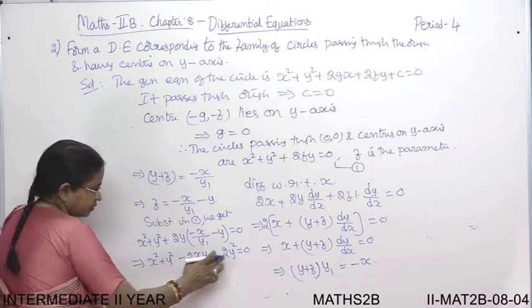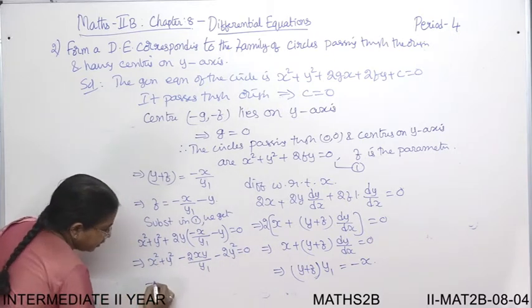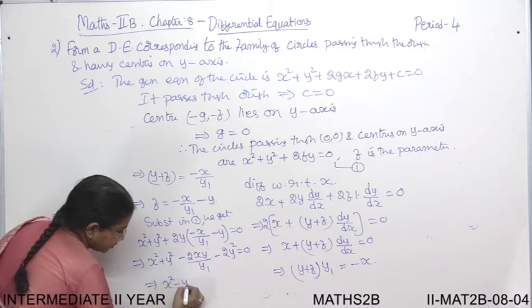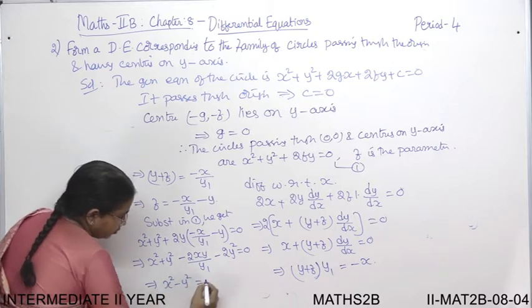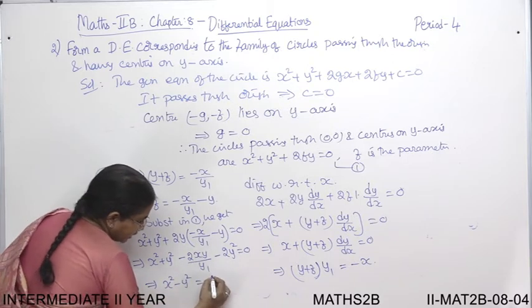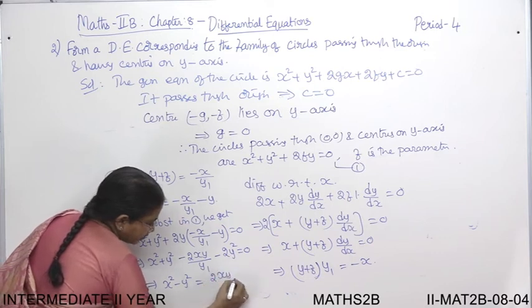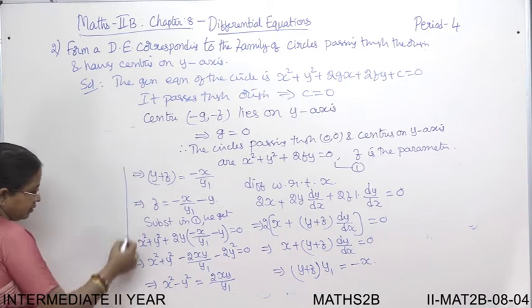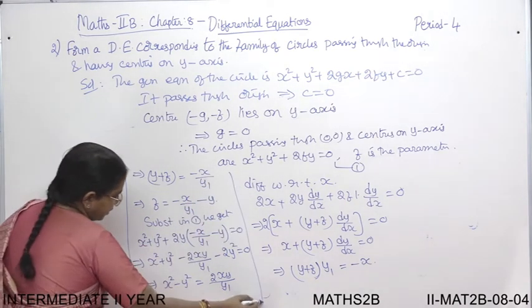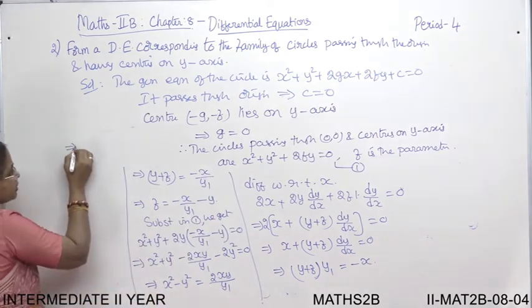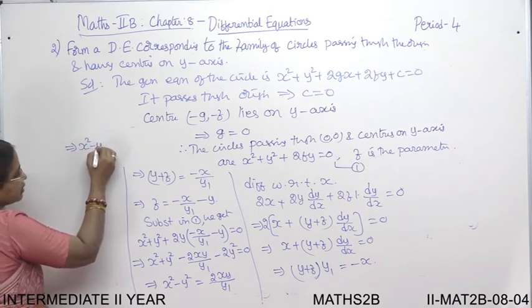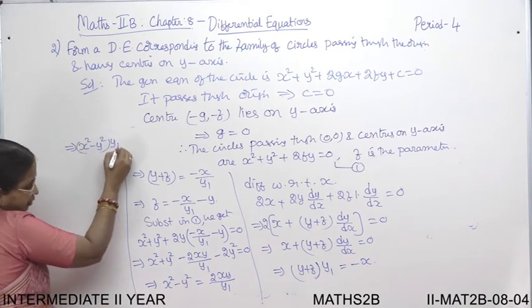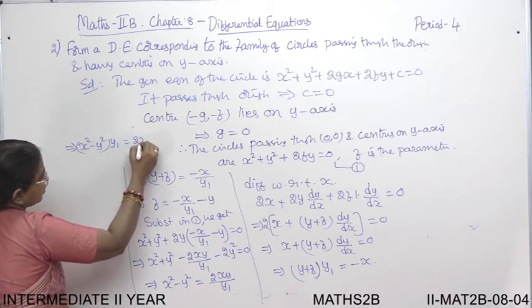This y square will go, so x square minus y square is equal to 2xy by y1. Now bring y1 to this side, so it becomes (x square minus y square) into y1 is equal to 2xy.